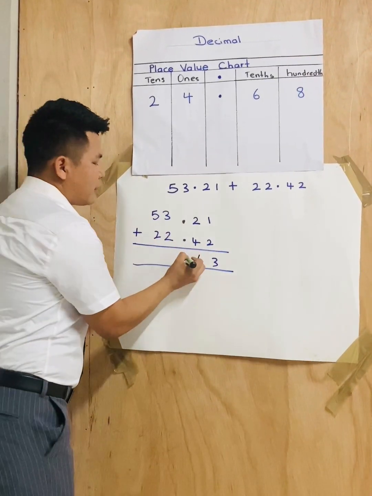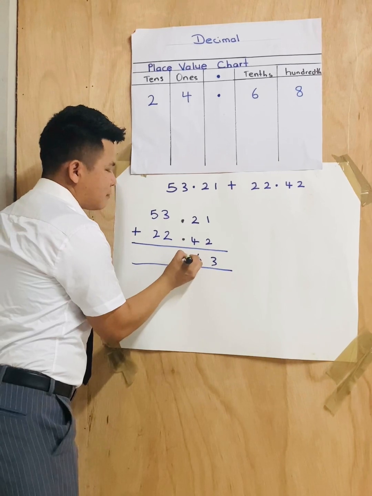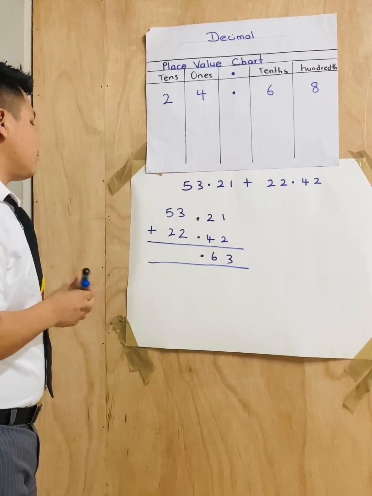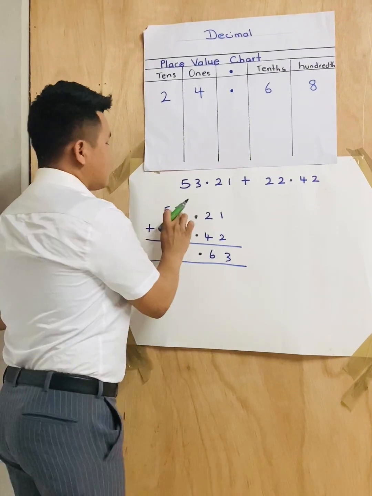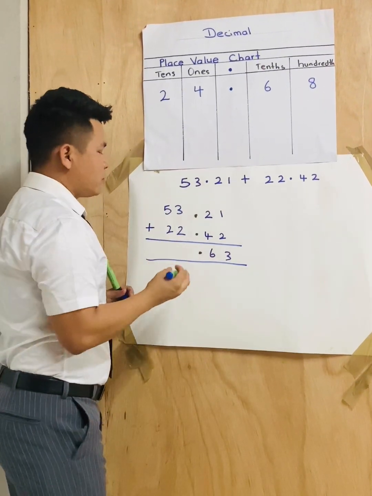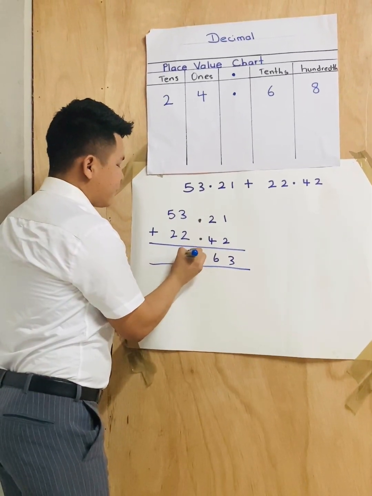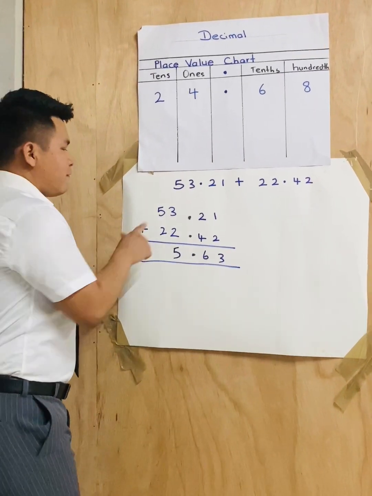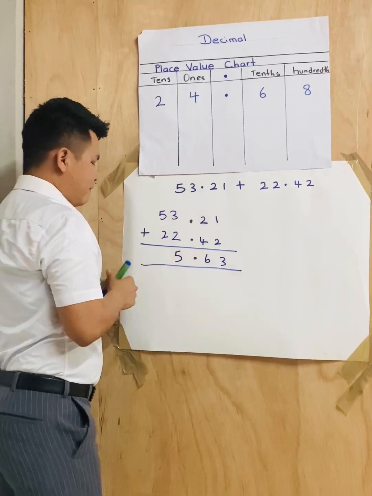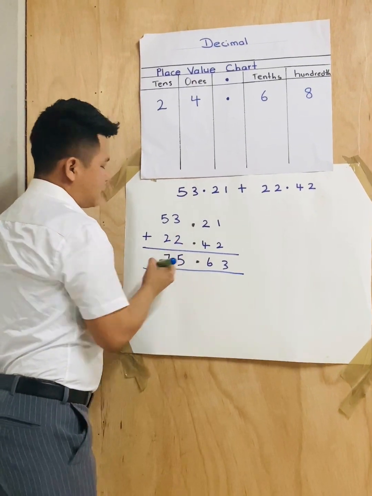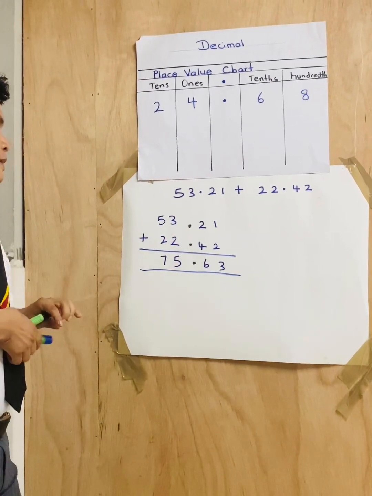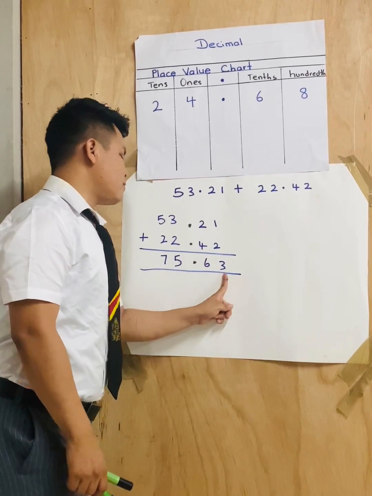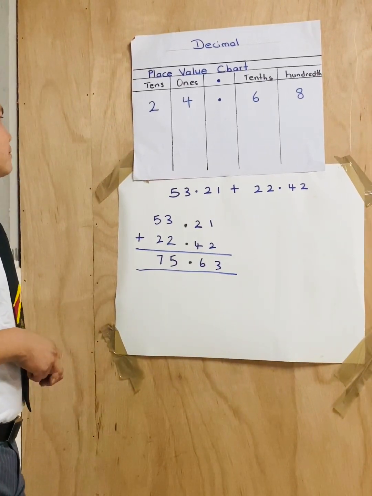We put our decimal point. So decimal points right down. Then we can move on. Call yourself 3 and add 2. 3 and 2 would give us 5. Good. Call yourself 5 and add 2. 5, 6, 7. Good. So what is our answer? 75 and 63. Right?